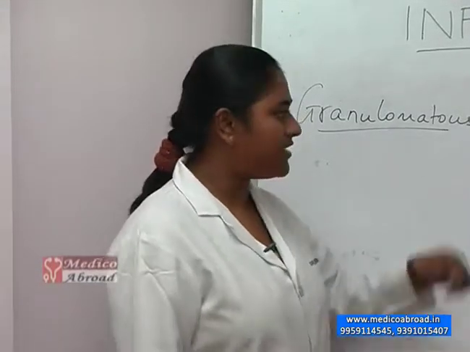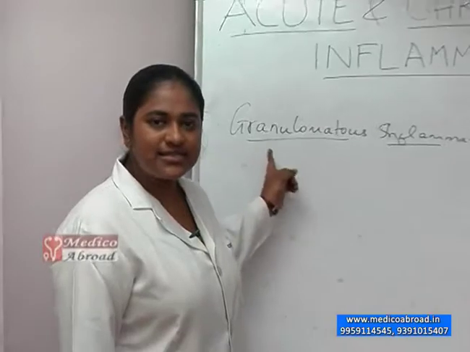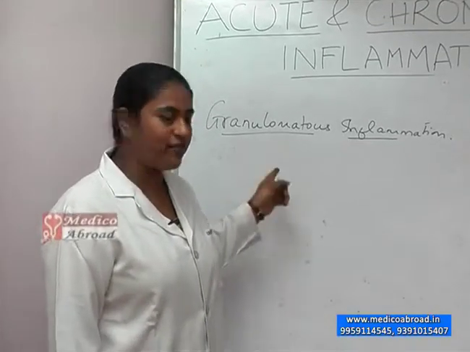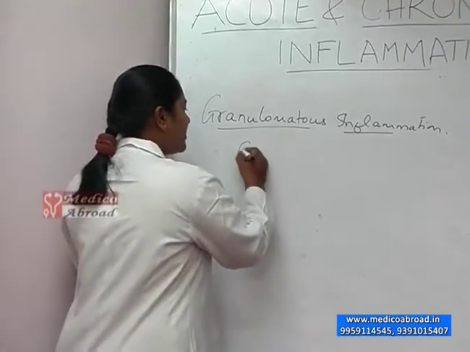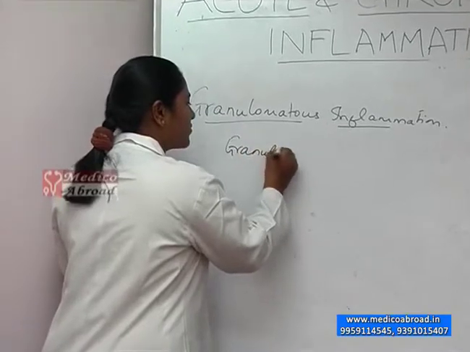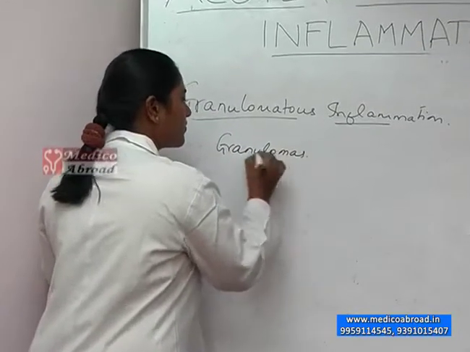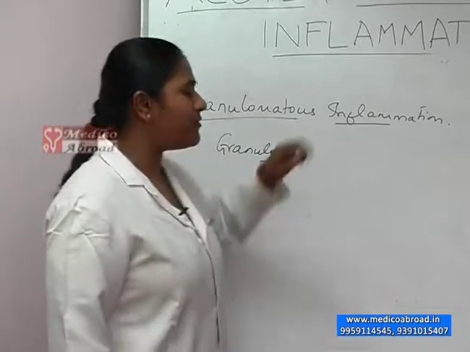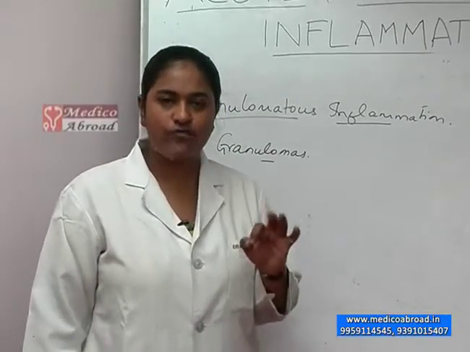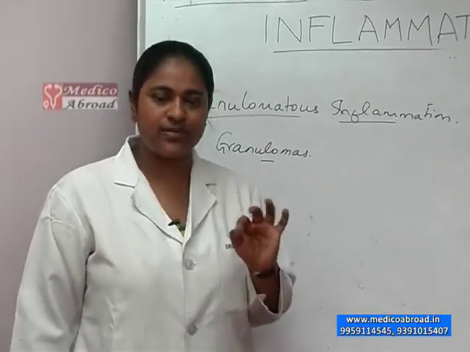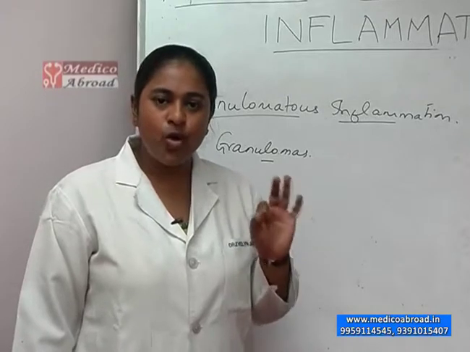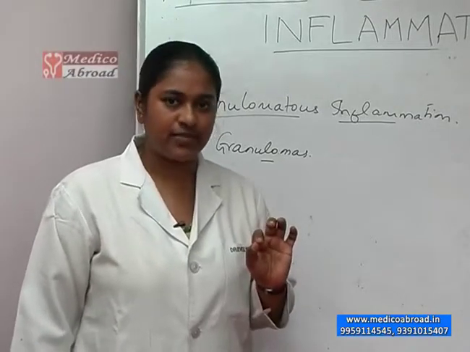Now let's look at a specific type of chronic inflammation called granulomatous inflammation. This is a specific type of chronic inflammation characterized by granulomas. Granulomatous inflammation have a focus of active macrophages surrounded by mononuclear leukocytes.